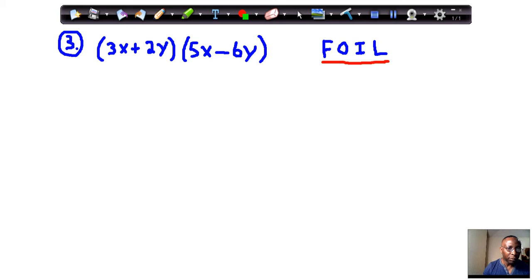So the first term that I see is 3 and an x. Alright, let me get my red pen so you can see what I'm talking about. So this is a first term. This is a first term. See? First.